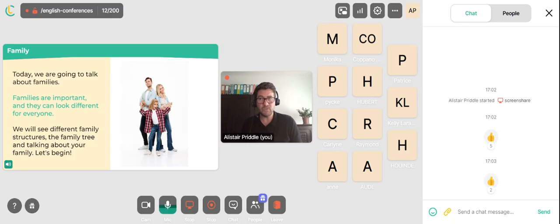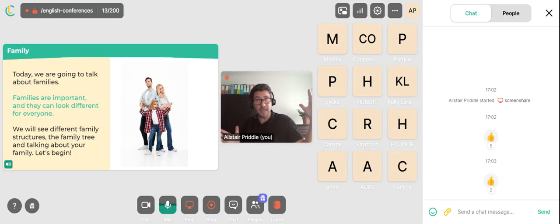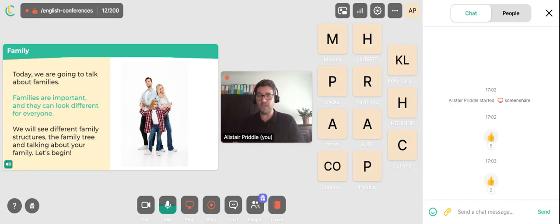Some families are big, some families are small, but we will see different family structures. We'll look at a family tree and talk about your family. Okay, well, let's begin.